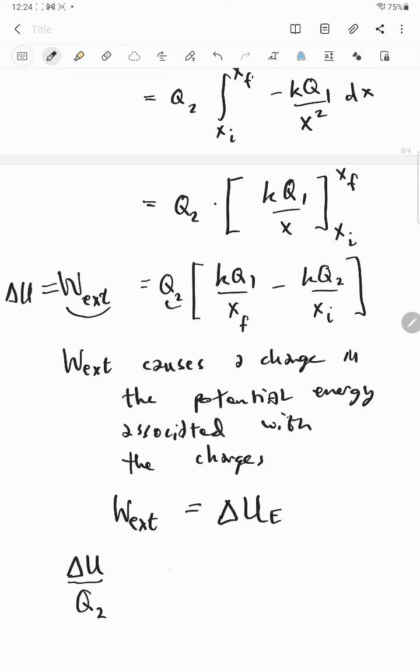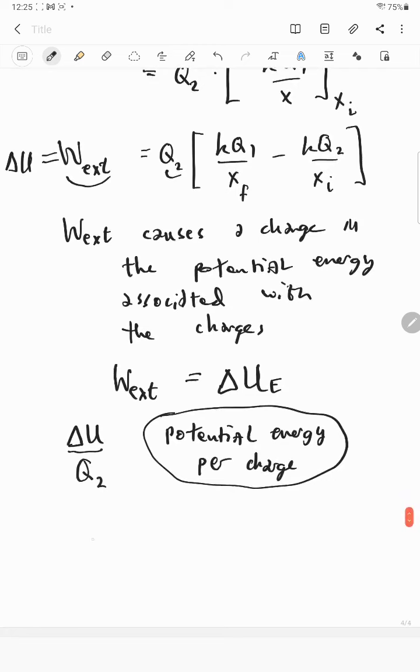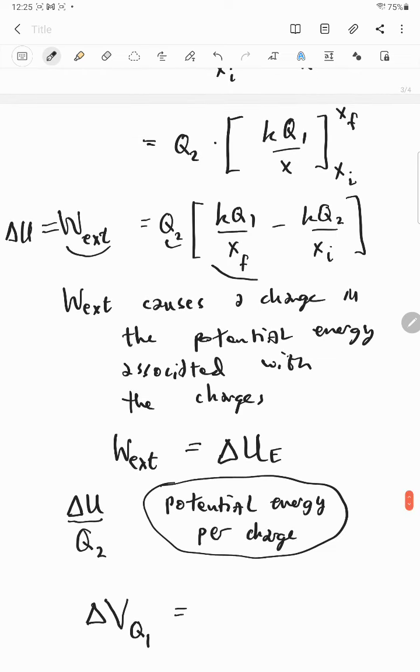this is the potential energy per charge, if you think about it. Potential energy per charge. I'm going to define this as something called the potential. I'm going to define it as the change in potential associated with Q1.